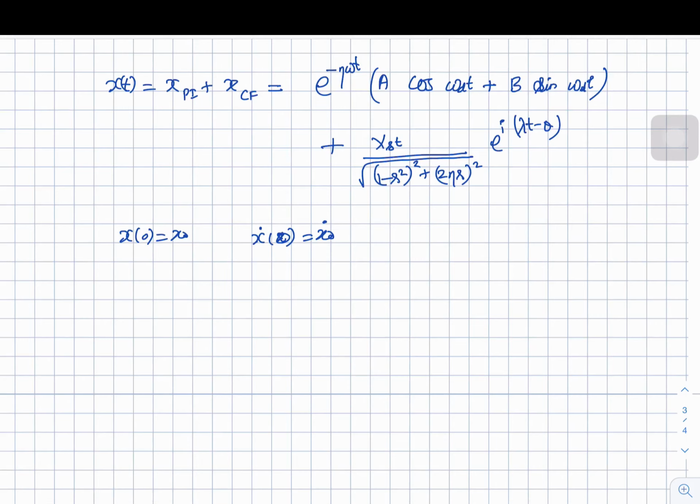So we need to find the solution for this. Before that I will find x dot of t, so I am using the UV rule.